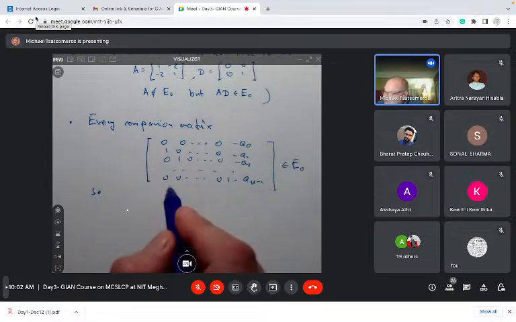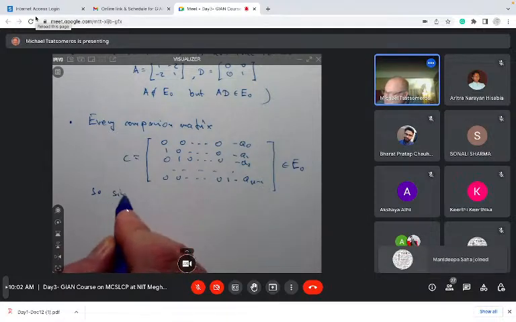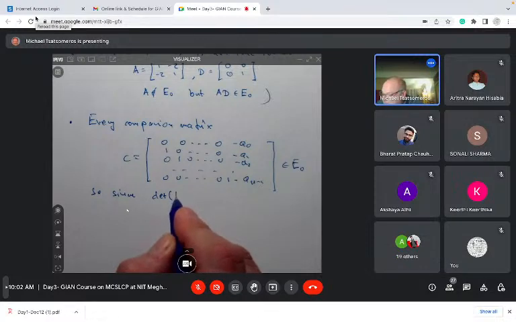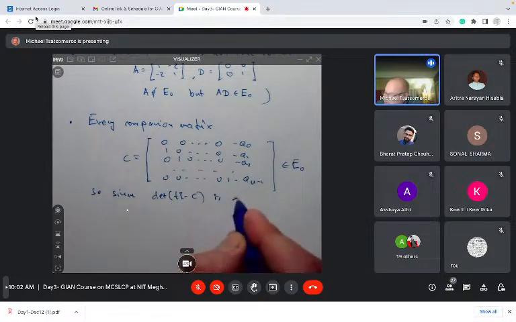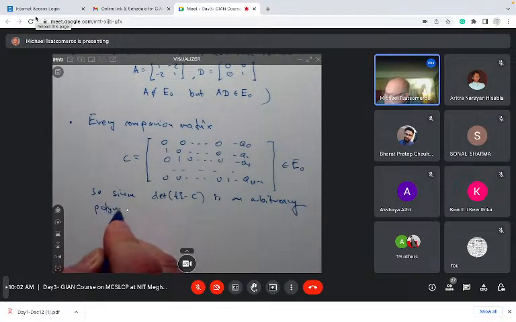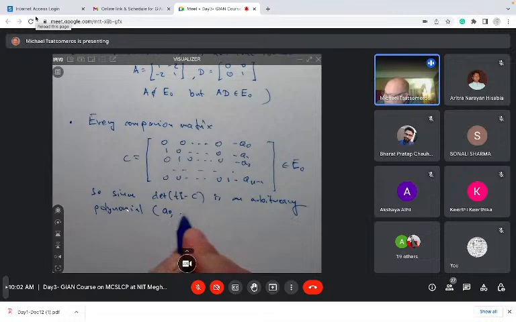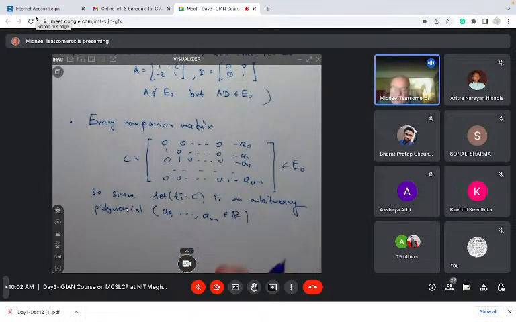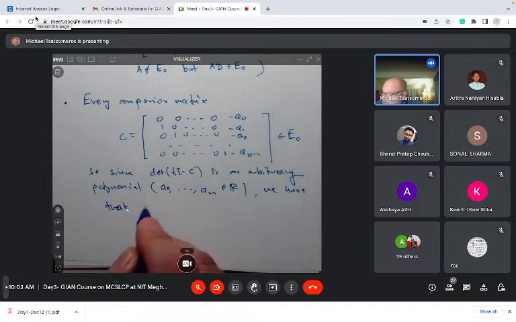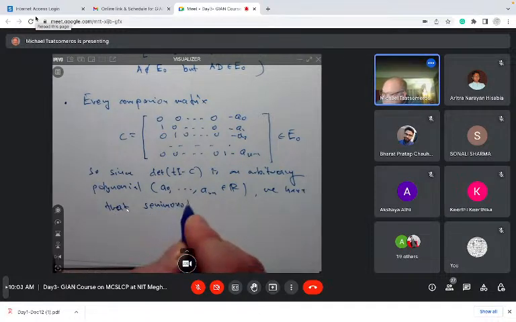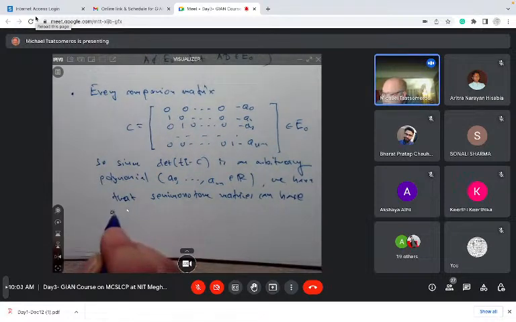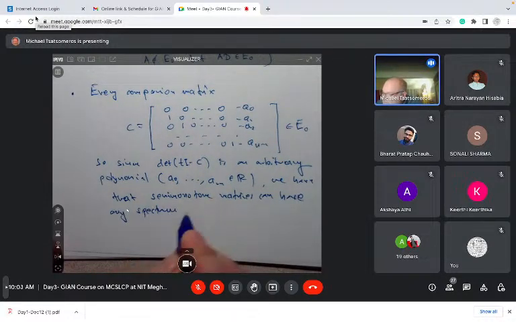Let me call this C. Since the characteristic polynomial of C is an arbitrary polynomial, with a0 down to a n minus 1 being any real numbers you want, we have that semi-monotone matrices can have any spectrum of a real matrix.